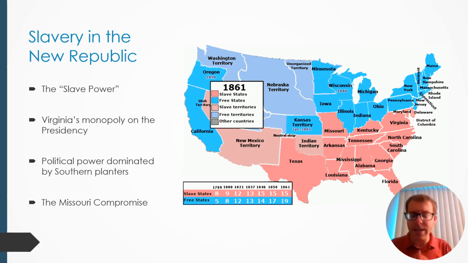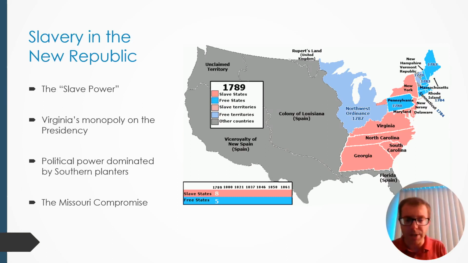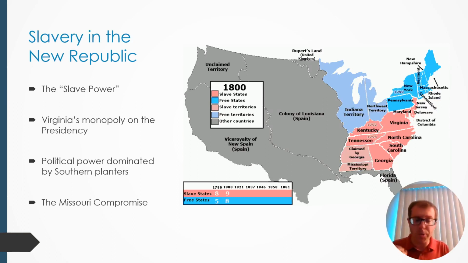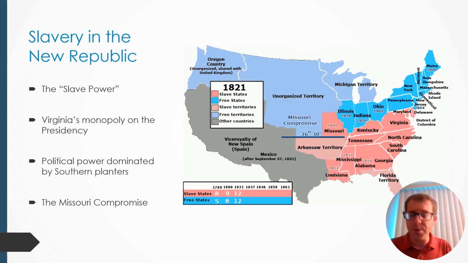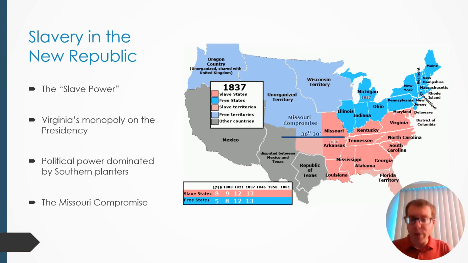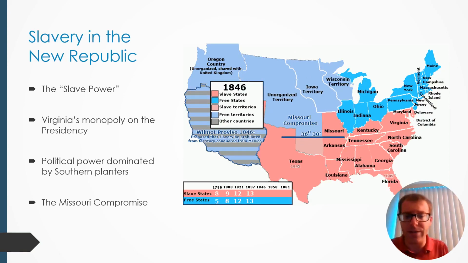So what that means is that states like Virginia, South Carolina, Georgia, eventually Tennessee, Louisiana, Mississippi, Alabama, all get more representation, extra representatives in Congress compared to northern states that abolished slavery. So it strengthens the political power of southern states against that of northern states.